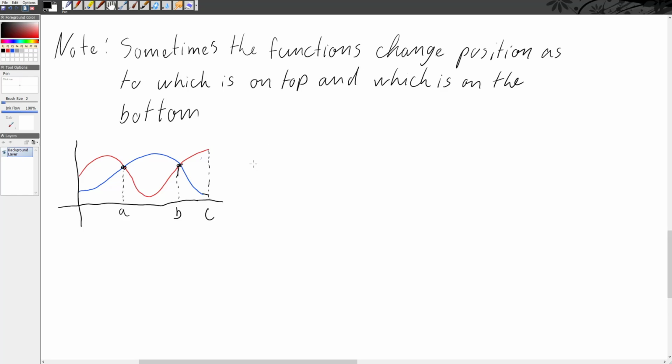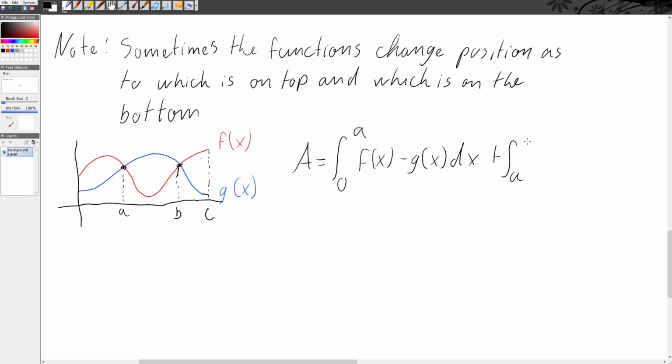So the area for this, let's say that the red curve is given by the name f of x, and the blue curve is given by the name g of x. So the area for this is going to be the integral from 0 to a. Which one is going to be the top curve? Well, that's going to be f of x minus g of x, plus the integral from a to b.